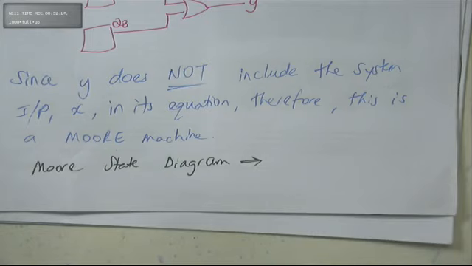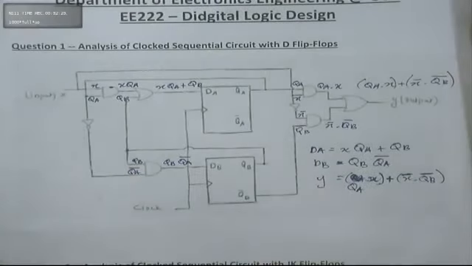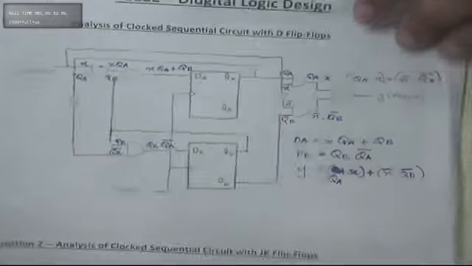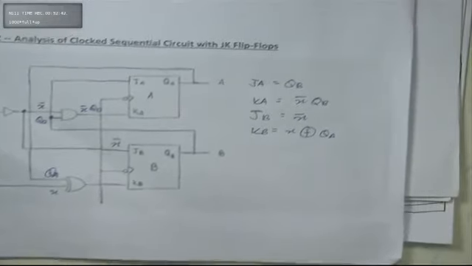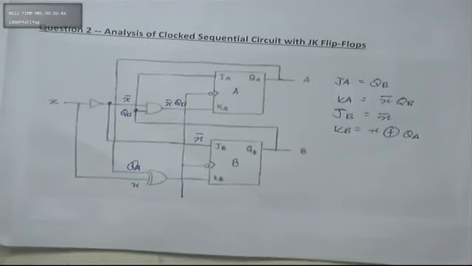If you remember the answer for question 2, we did this particular problem, and then from the problem we did the equations and filled up the state table. The final answer was a state diagram. Remember that? That's a Moore state diagram.